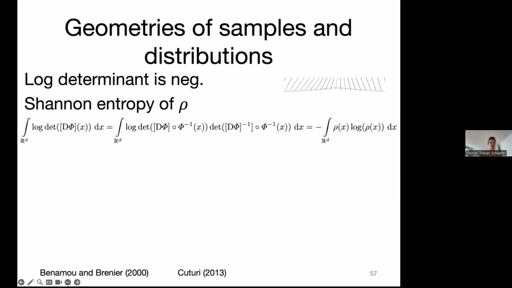And now it turns out that this term that we've been using for our regularization is nothing but the Shannon entropy of the mass density, right? So here on the left, we have the logarithm of the Jacobian of the flow field, and then it's just a matter of a change of variables to show that this is really just the Shannon entropy of the push-forward density.